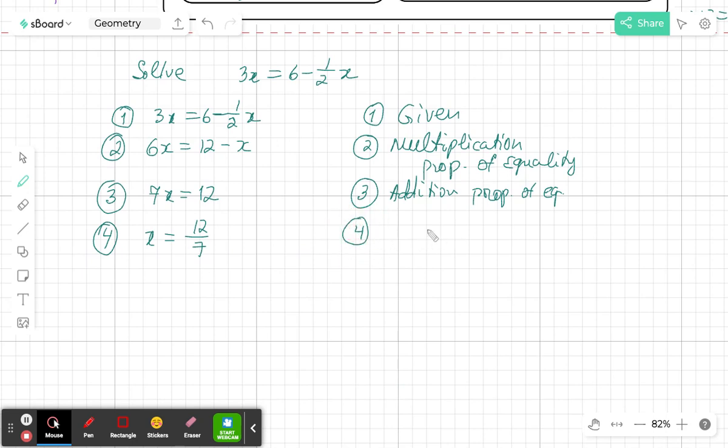Why is that? Because I use the division property of equality. I divided both sides by 7. And on the left side, we wrote down our steps. And then on the right side, we gave the reasons why.